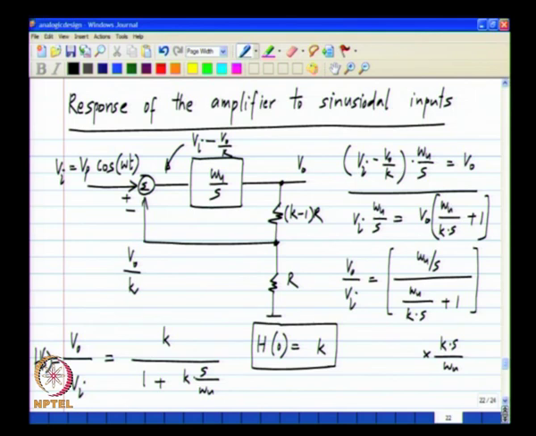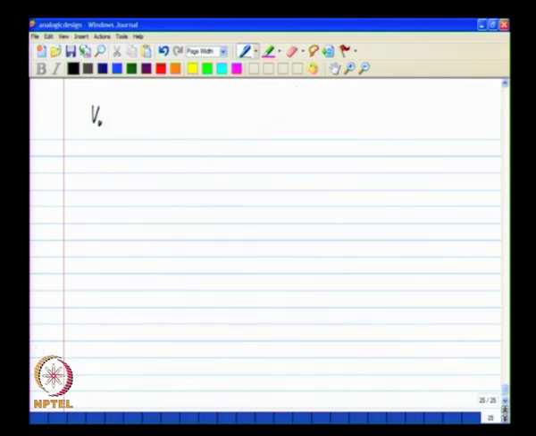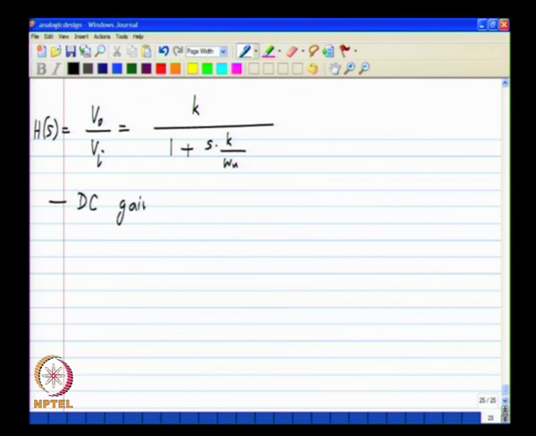And we will examine this transfer function a little further. The transfer function V naught by Vi of our negative feedback amplifier is this much. Now, for this, the DC gain, that is h of 0 equals k, and this is consistent with our time domain analysis.